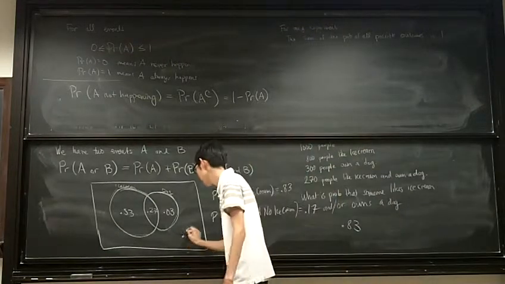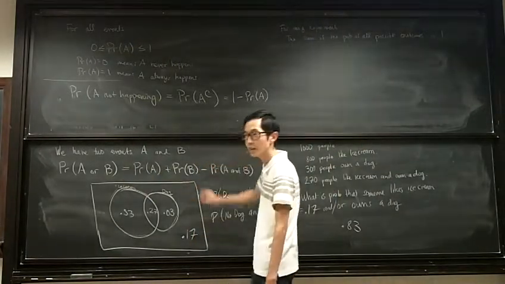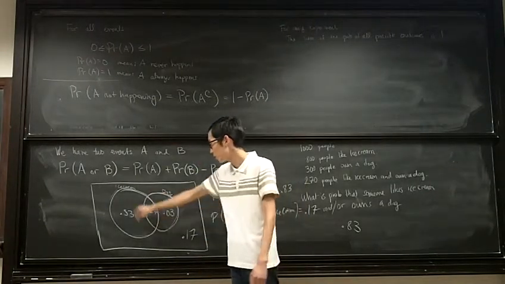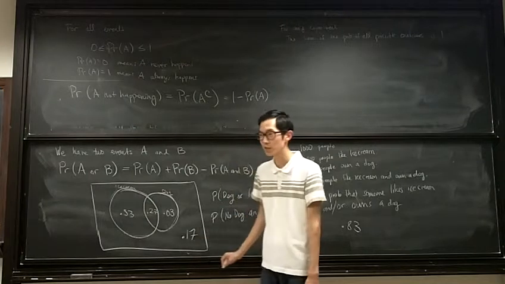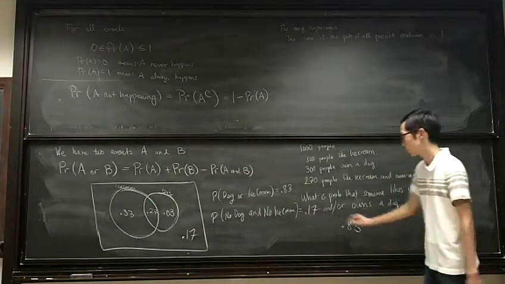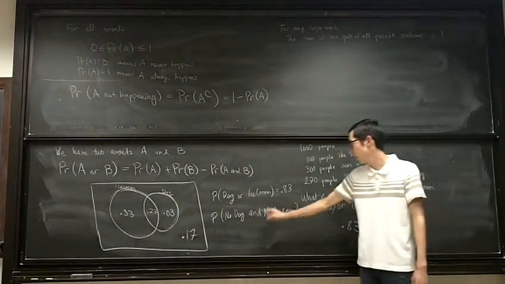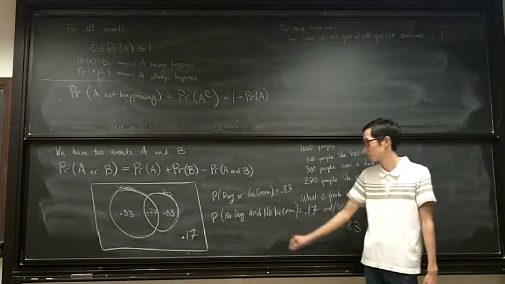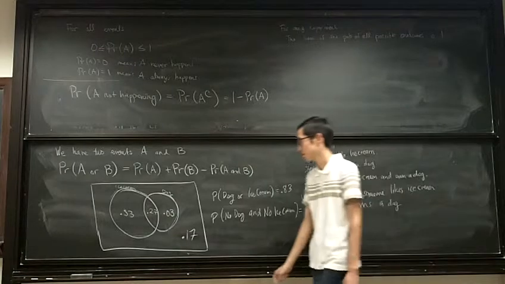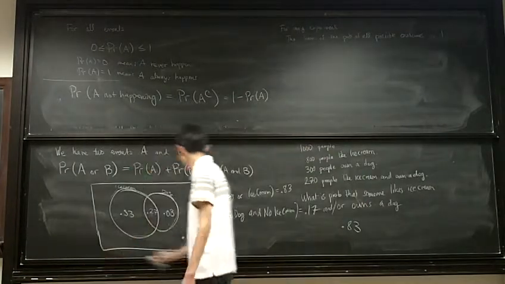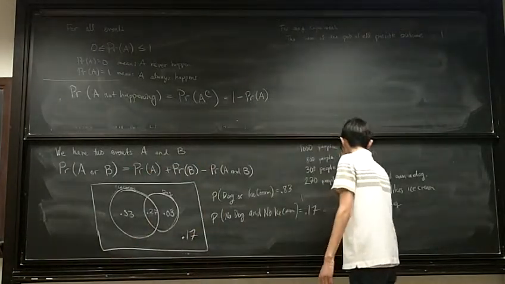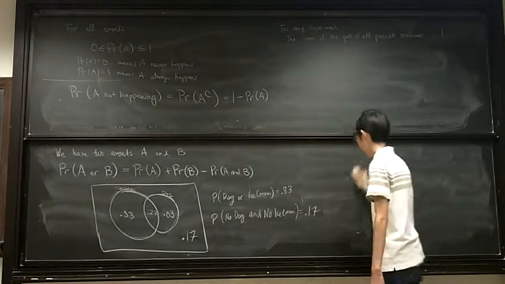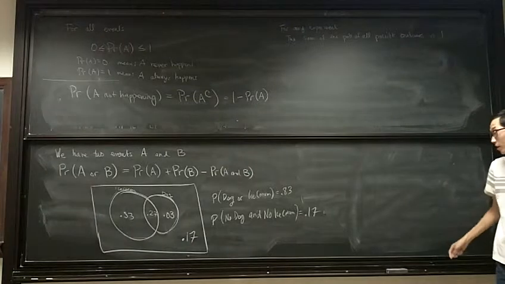The entire thing adds up to 1,000, or 100%. So if I've got 83% in the double circle, I've got 17% not in the double circle, which is this. This is no dog and no ice cream. Sorry, I know it's a lot.